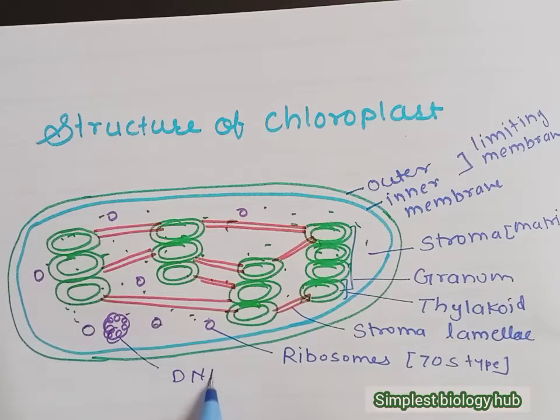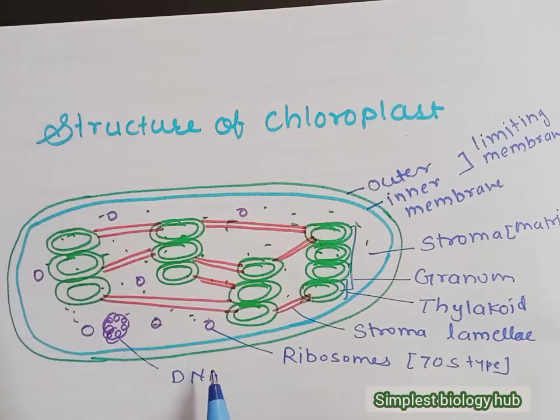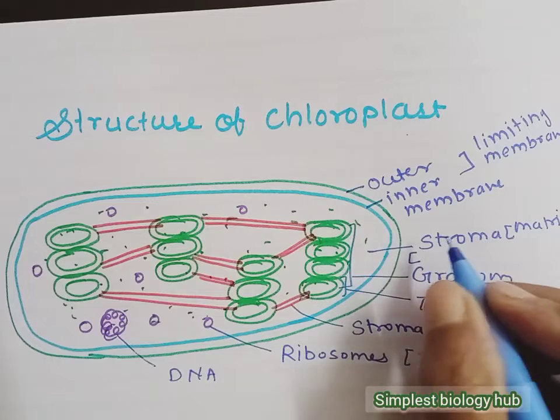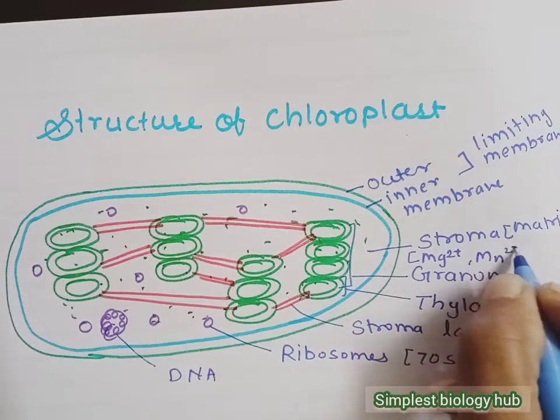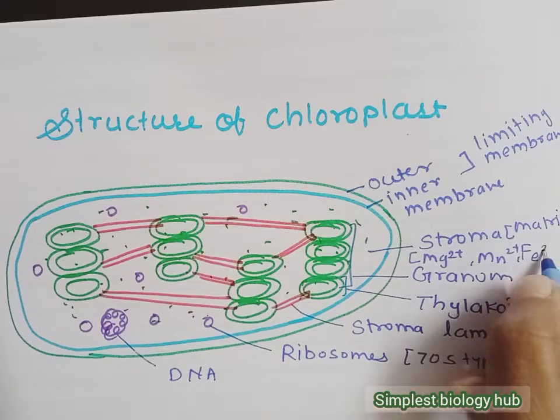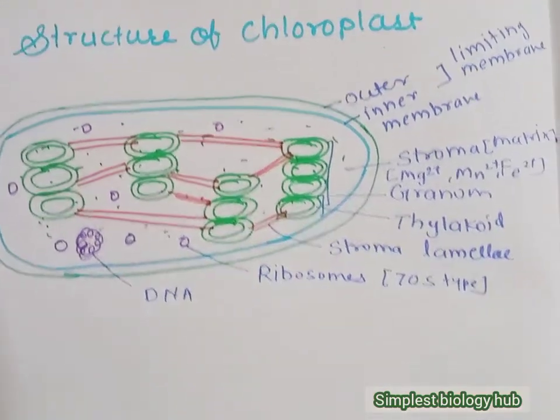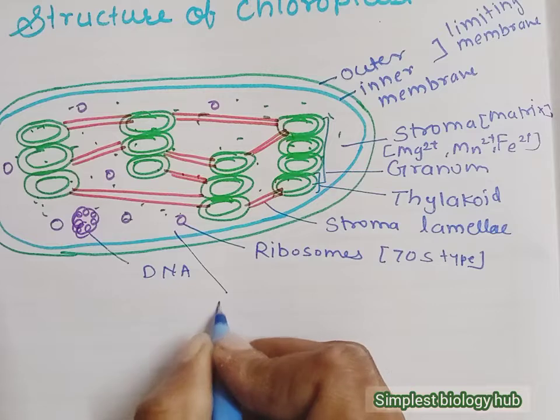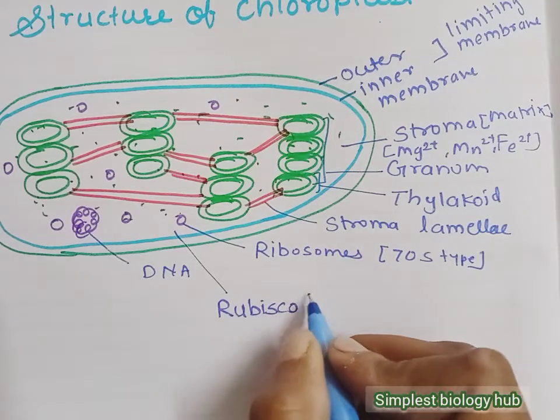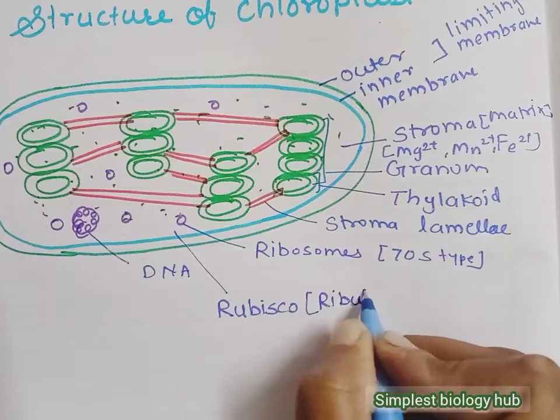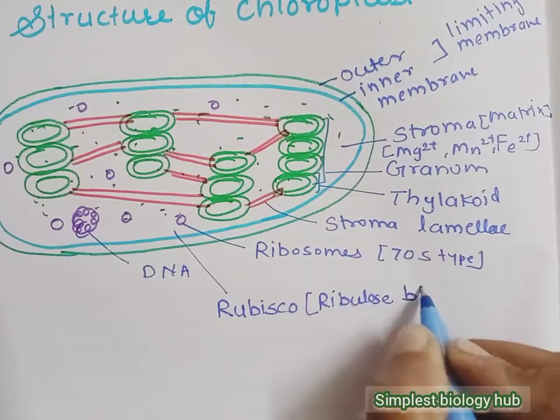It contains its own DNA and ribosomes. That's why it is also called an autonomous structure, because it helps in protein synthesis. The matrix region contains Mg2+, Mn2+ and Fe2+ ions, which activate many enzymes. These we call the activators of the enzymes.